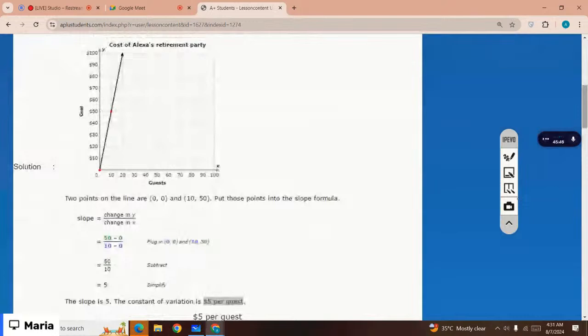So basically, you need to find the slope of the graph, right?